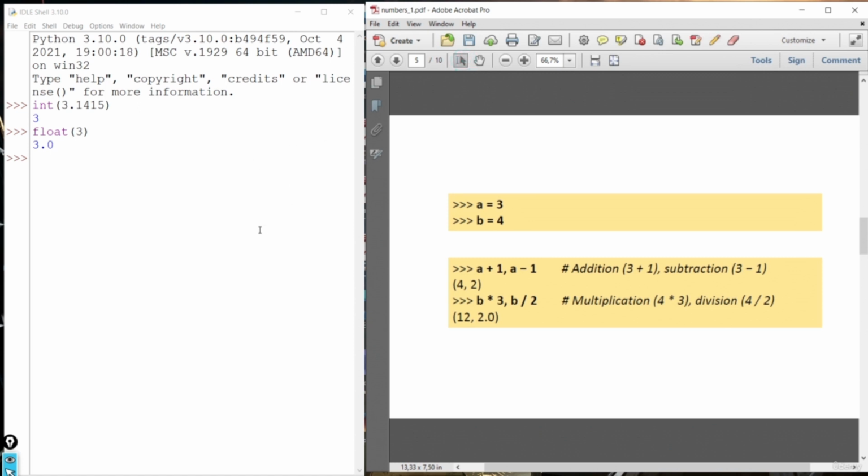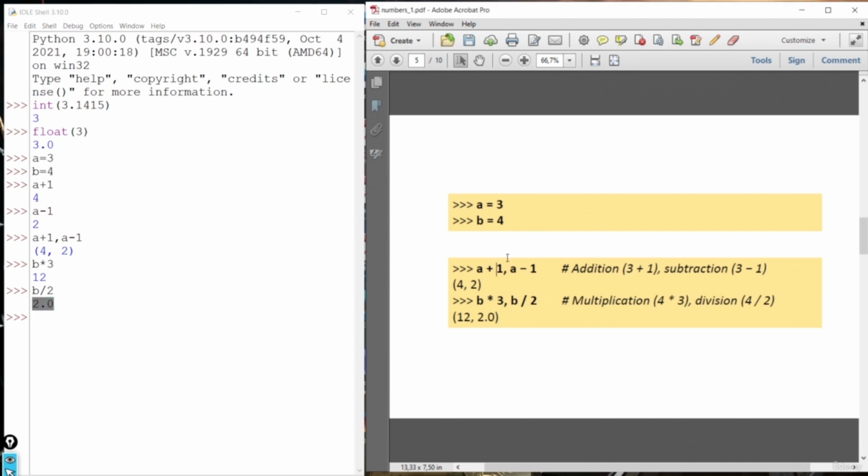Okay, let's consider these operations. a equals 3, b equals 4, a plus 1, a minus 1. So as you see, I only see a single digit. If I type a plus 1, comma, a minus 1, I see the results as a table. And b is multiplied by 3, the result is an integer. When b is divided by 2, the result is a floating point number.